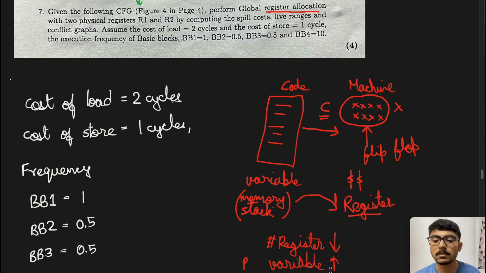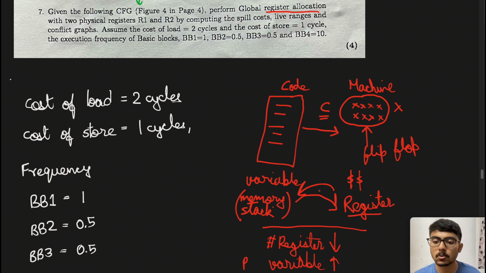You might argue that for a simple calculator program the variables are hardly under 10, but for a complex software design, there might be thousands or even lakhs of variables in the code. All those variables need to pass from the memory stack to the register, and inside the register the value has to be changed by the CPU, by the flip-flops, and then we get the final result, and it gets again stored in the main memory. So this was a backdrop or a prologue of what we are going to discuss.